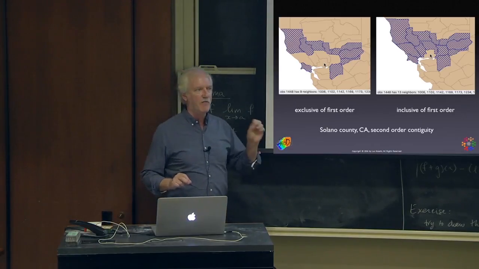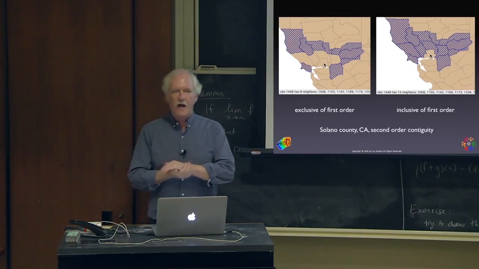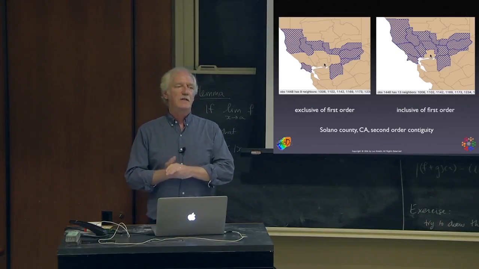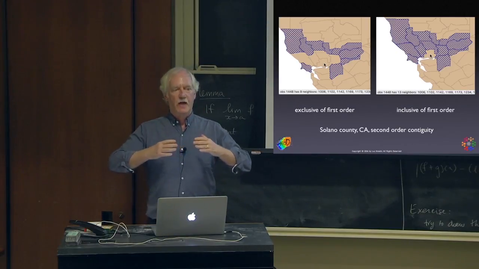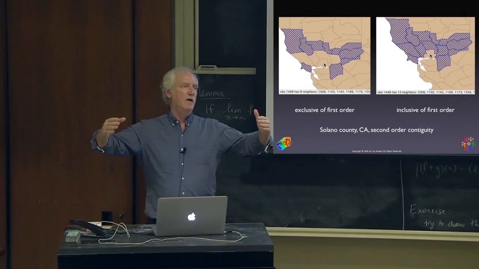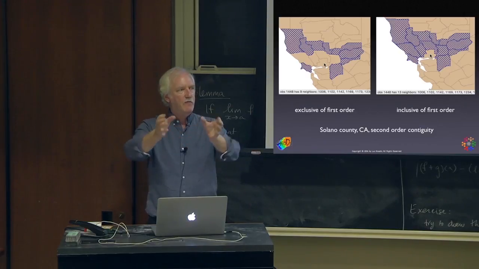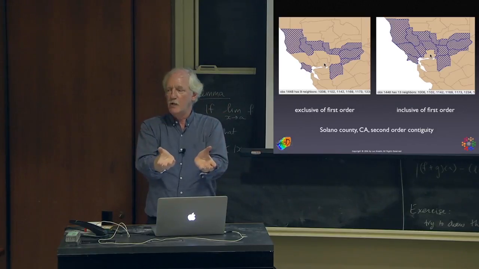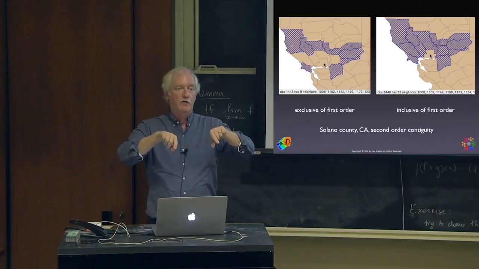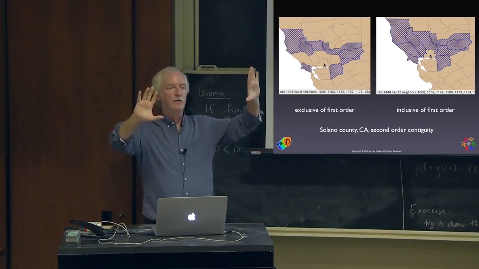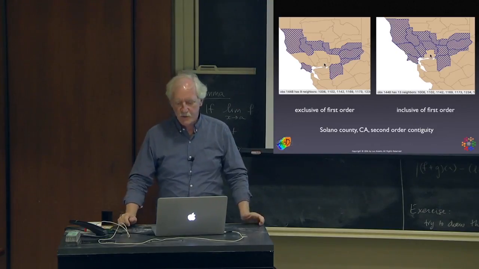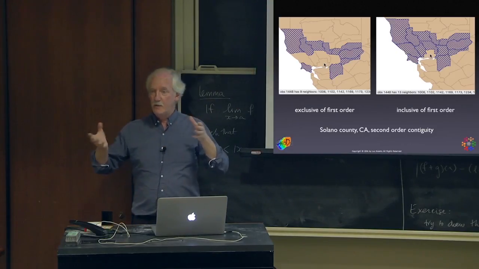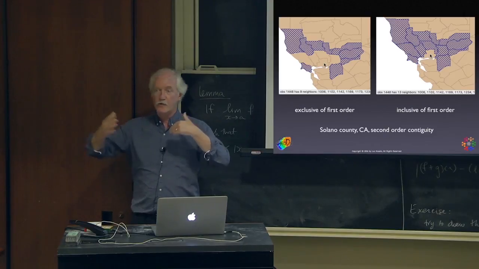So instead, very often in practice, we think of higher order neighbors as a counterpart of expanding distance bands, right? So you start with the ring of first order neighbors, then you add another ring of the second order neighbors, and so you keep including the first order neighbors. You're just growing out. And this makes sense because, remember, it's all about figuring out what the critical distance is, right?